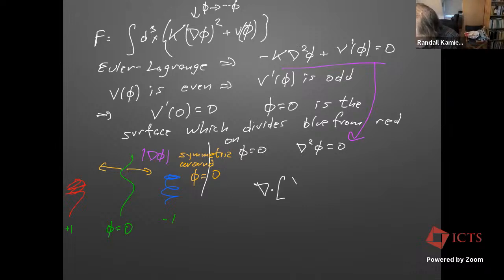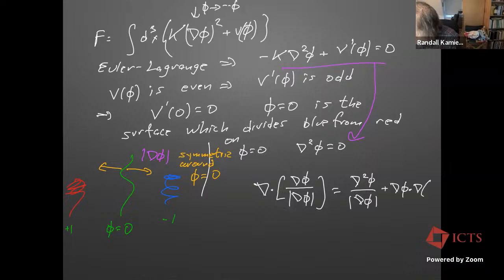Let me calculate for you the divergence of grad phi over the magnitude of grad phi. That's Laplacian phi over the magnitude, plus the gradient of phi dotted into the gradient of 1 over the magnitude. Well, this term is 0 on phi equals 0. And this term is 0 on phi equals 0.